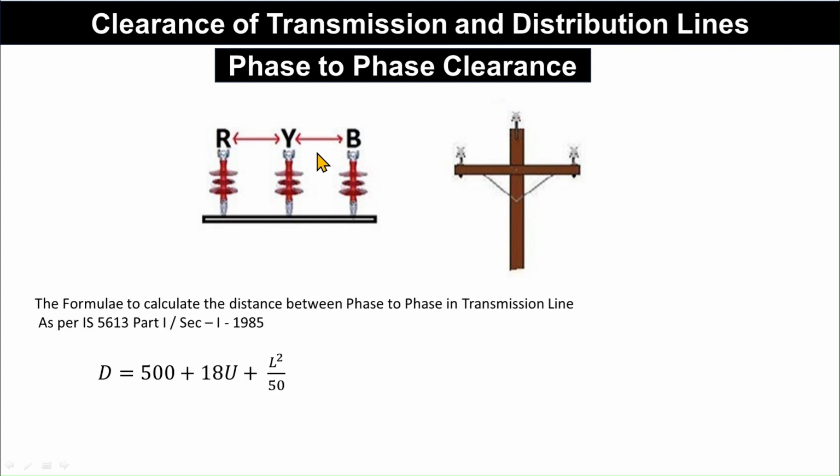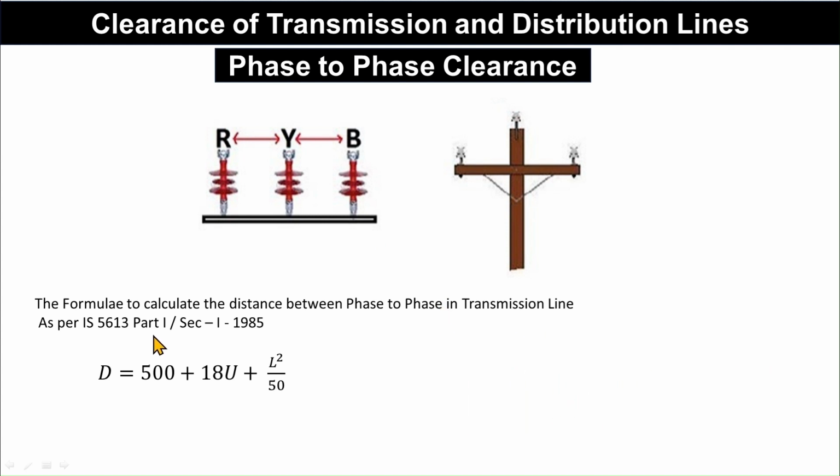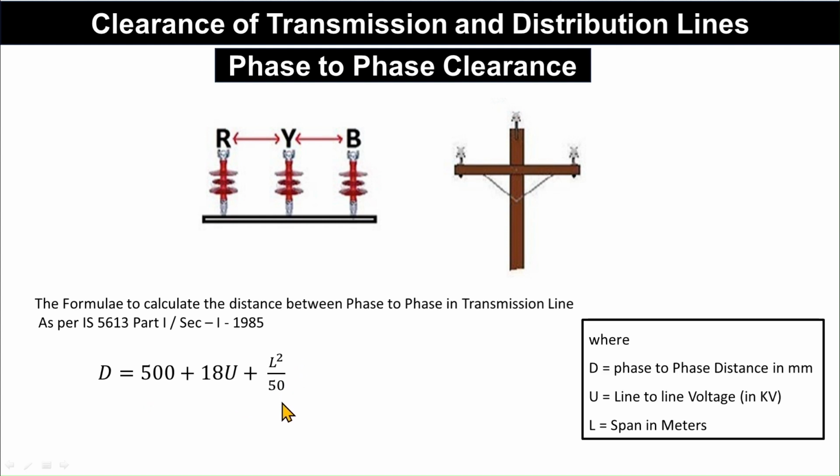The formula to calculate the distance between phase to phase in transmission lines as per IS 5613 Part 1 Section 1, 1985 is D equals 500 plus 18U plus L square divided by 50, where D is the phase to phase distance in mm and U is the line to line voltage in kilovolt and L is the span in meters.